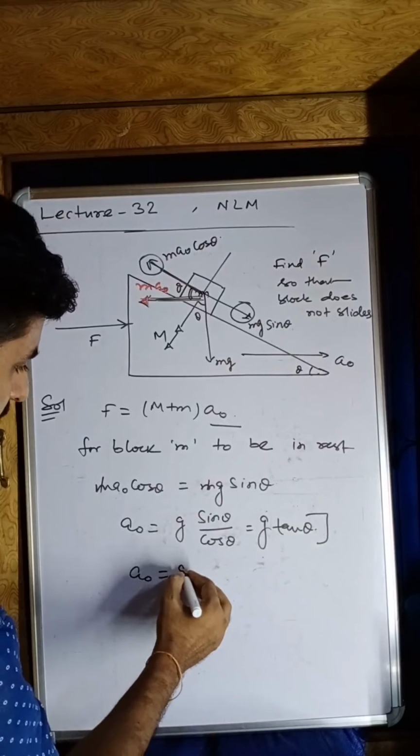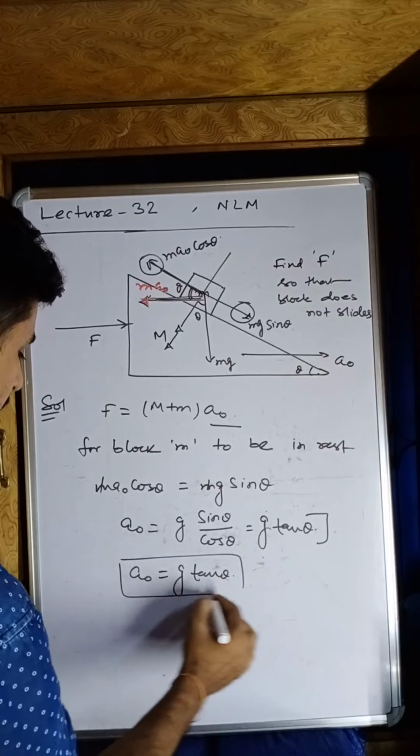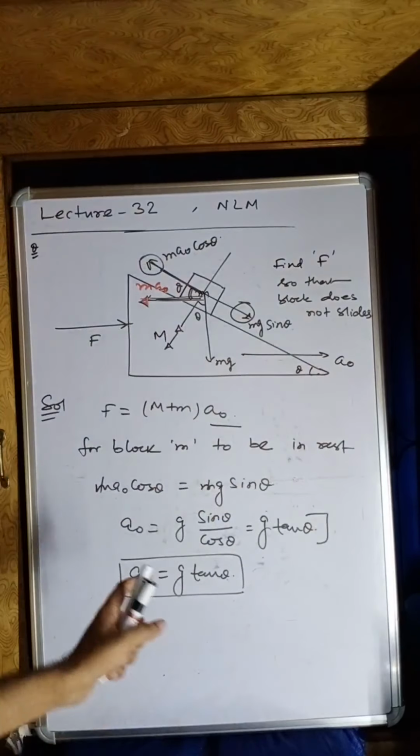Remember, this is the acceleration due to pseudo force. So in this case, if there is a pseudo force, the acceleration over the inclined plane will be g tan theta.